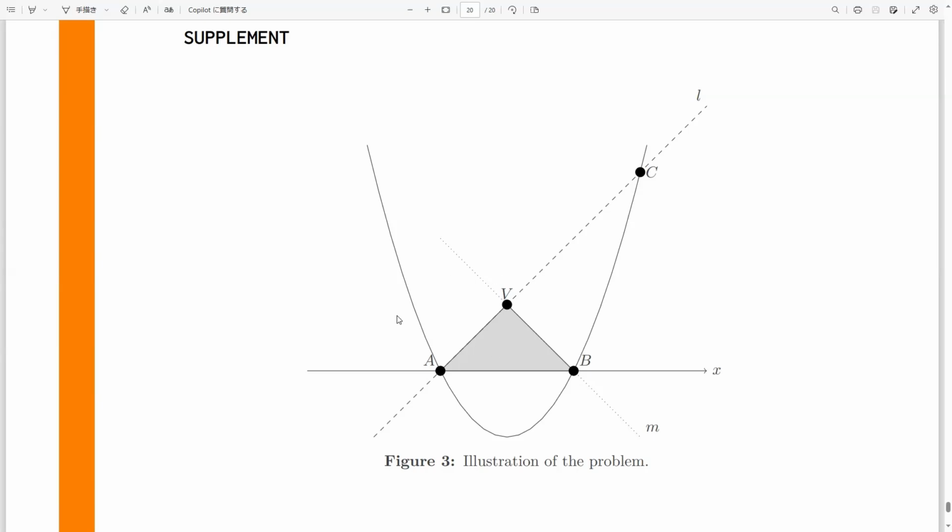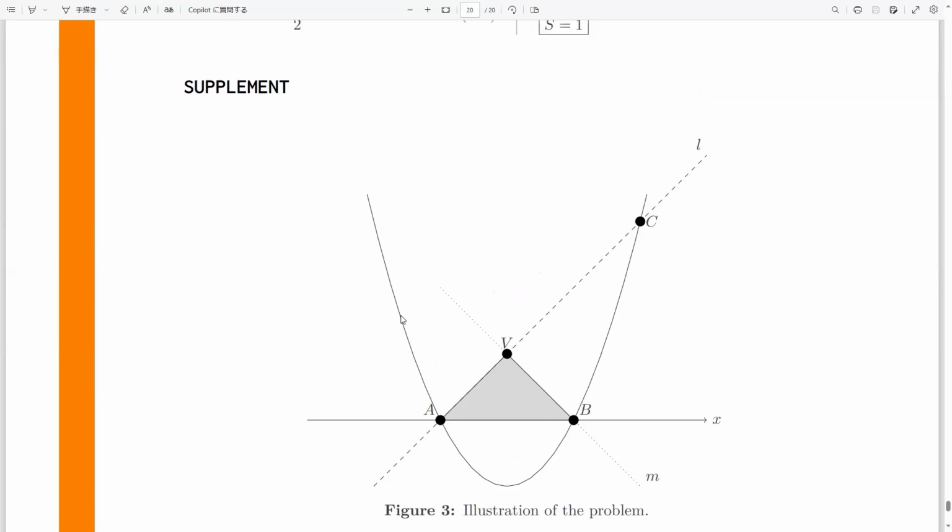But what we're going to do here is just get the length of this side and the length of this side. The length of this side here we can obtain by using the Pythagorean theorem. Okay, so we get the difference in the x's, and then you square that.